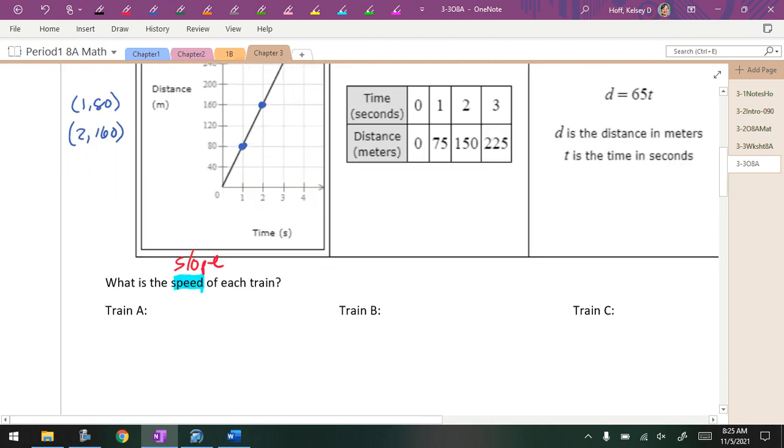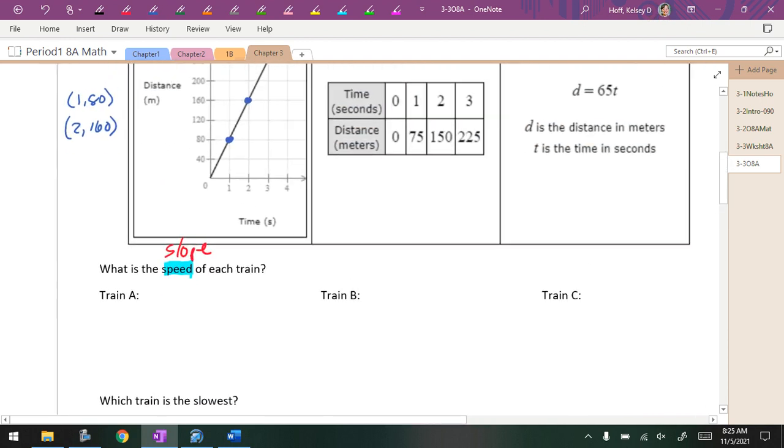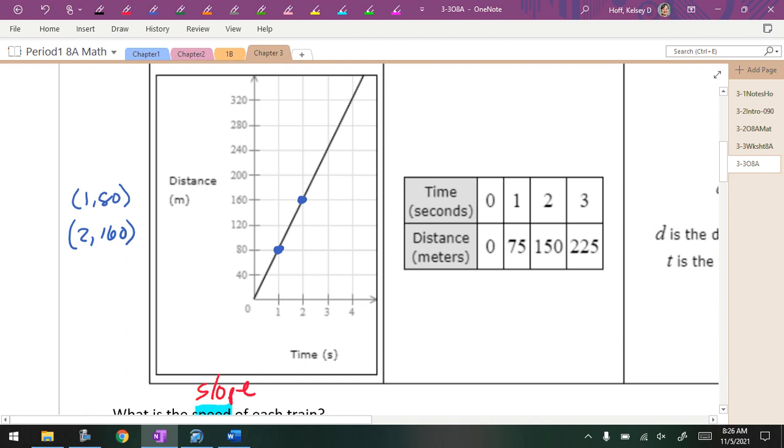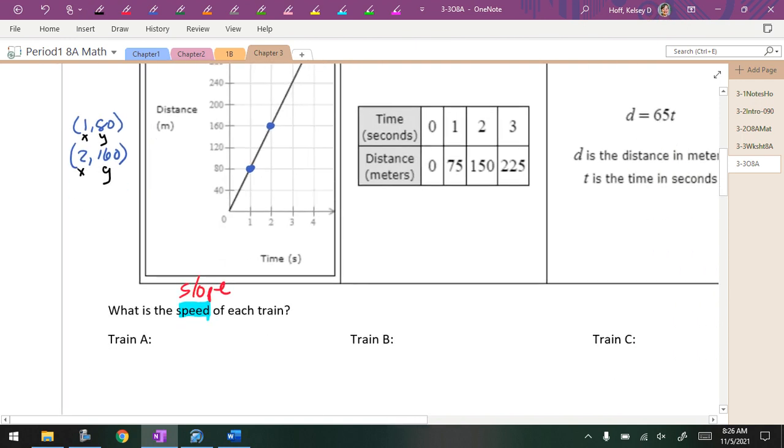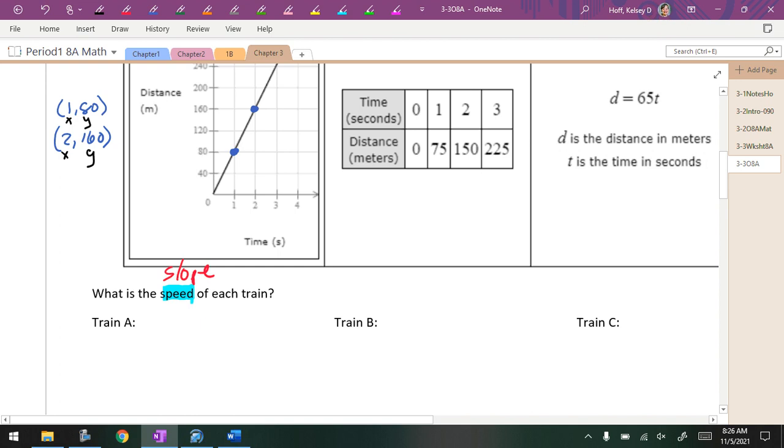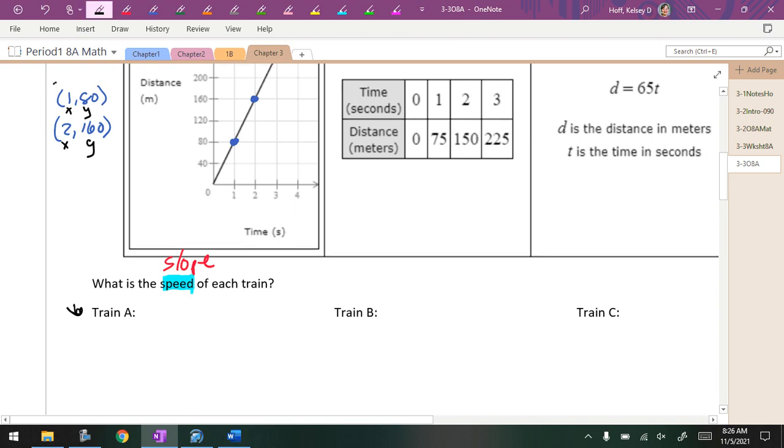I should probably do this down here. Okay? Slope formula. Which letter goes on top? Your y goes on top. It's probably easiest if you put your work right down here by your train A. Here, I'll move this down.